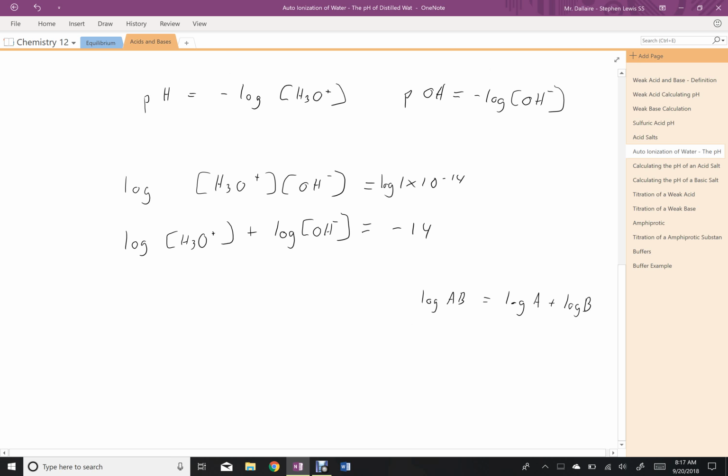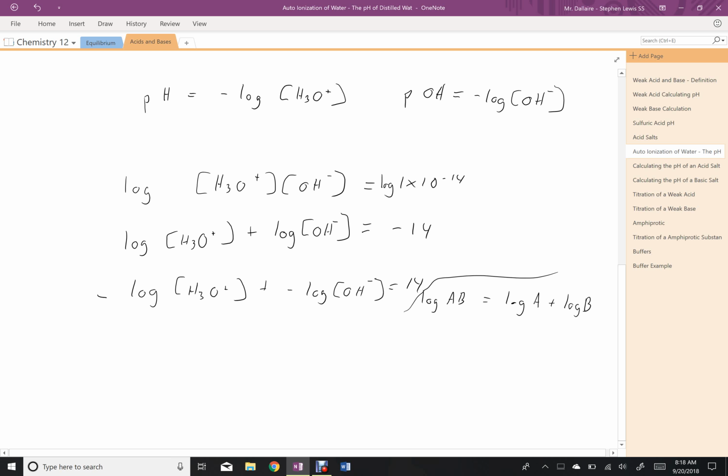And then if we multiply this whole equation through by a negative 1, I would get negative log H3O plus and negative log OH minus, and that would be 14. Don't mix those up.